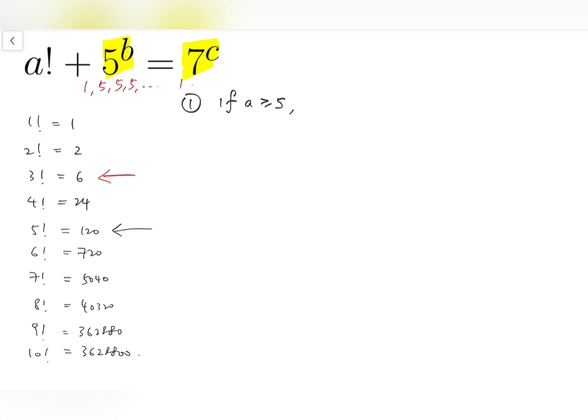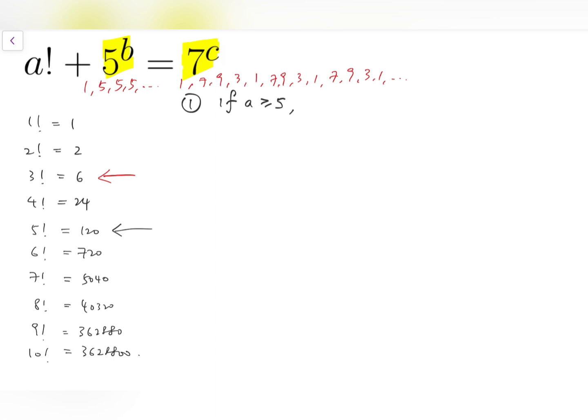We start with 1, and then it's 7, 9, 3, 1, 7, 9, 3, 1, 7, 9, 3, 1, etc. So it repeats every 4 terms. It's a periodic sequence. So we're going to make use of the last digit to reduce some possibilities.